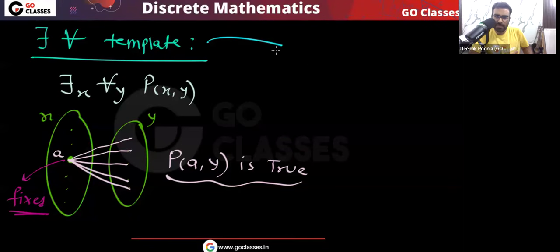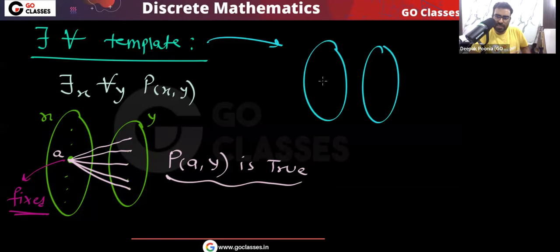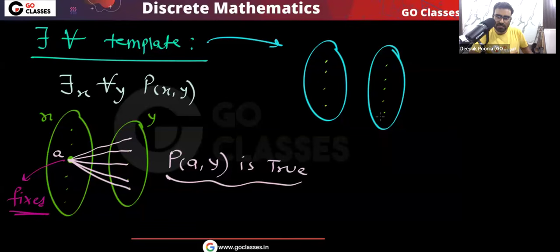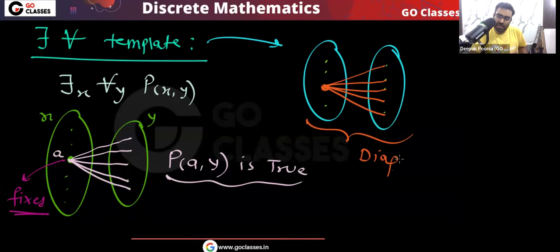So this template diagram is like this: a fixed person with everyone. Okay, so the diagram will be like this. You just understand that there is a fixed person with everyone. This is the diagram for the there exists for all template.